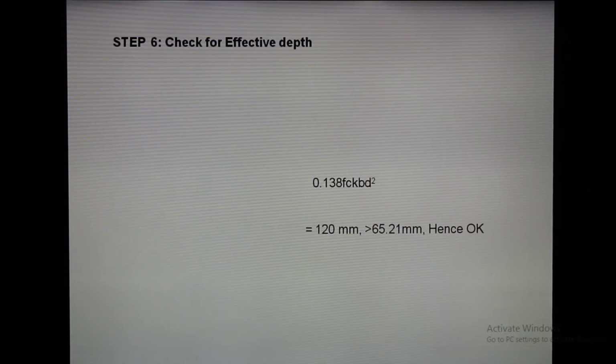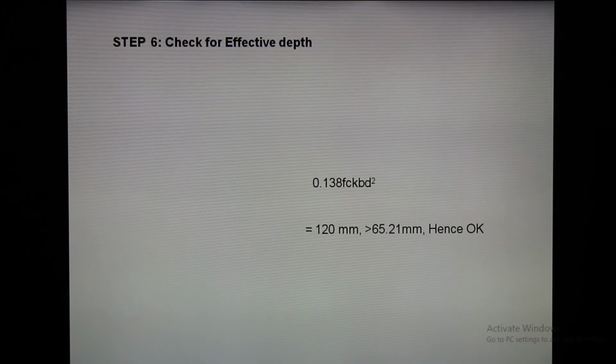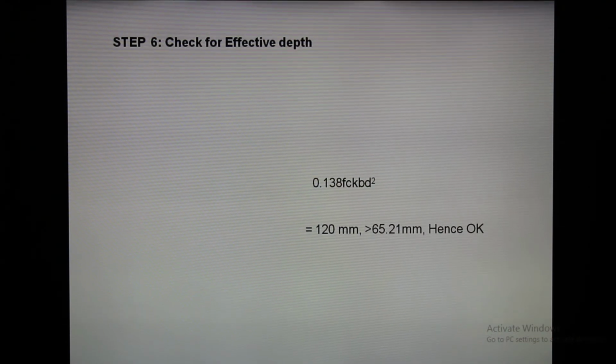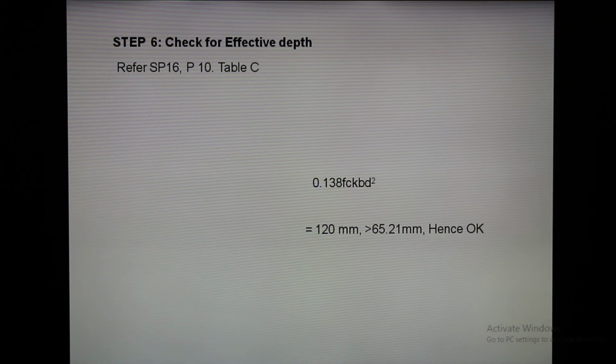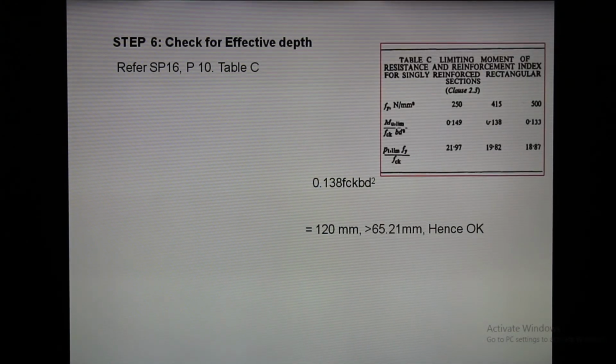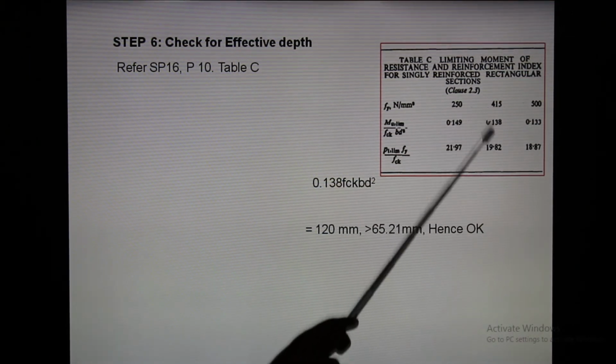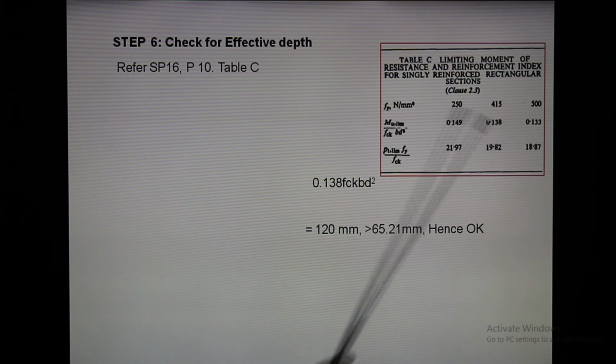Check for effective depth. So already we have assumed some effective depth. We have arrived at the bending moment. Now we will check whether the effective depth we have provided satisfies the IS conditions for the bending moment calculated. Refer SP16 page 10 table C. This is the table. We are using high tension steel, that is Fe 415. So the limiting moment coefficient for 415 is 0.138.